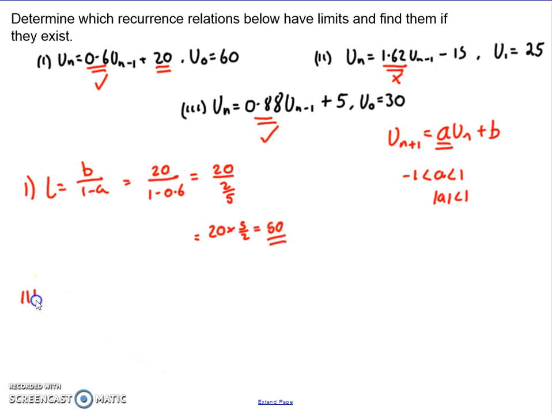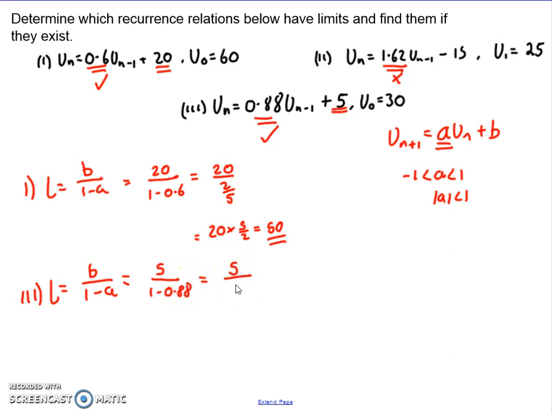So the third one, remember we don't worry about calculating number 2, because we know it doesn't have a limit. So the third one, again, stick with the same formula, the limit equals b over 1 minus a. The only difference is b and a change values. b in this one is given by that term, a is given by the 0.88, so it's going to be 5 over 1 take away 0.88. Now 1 minus 0.88 is 0.12, and that is the equivalent of 3 over 25.